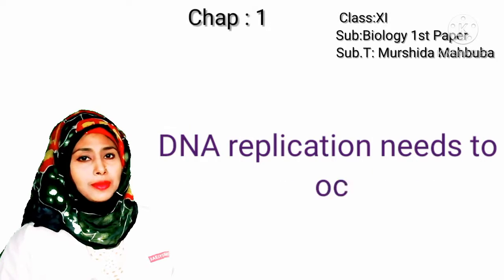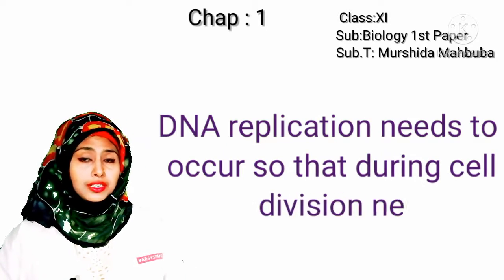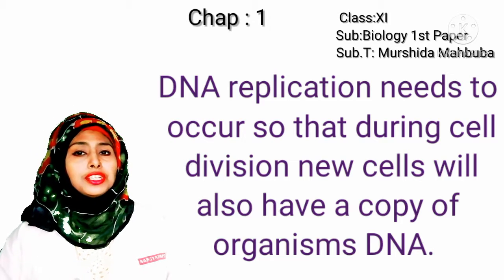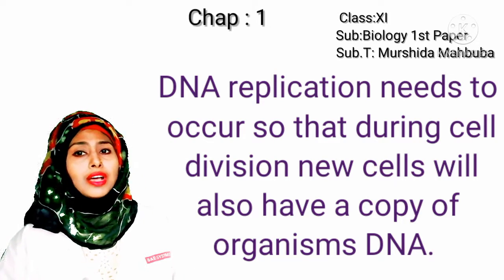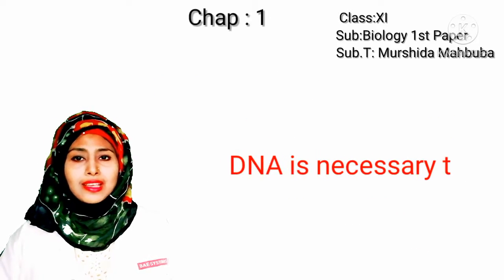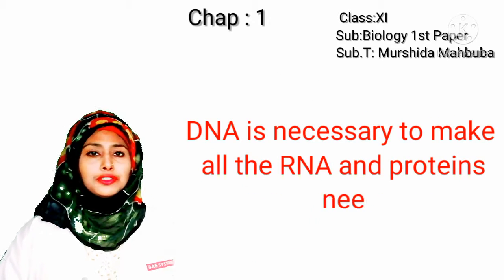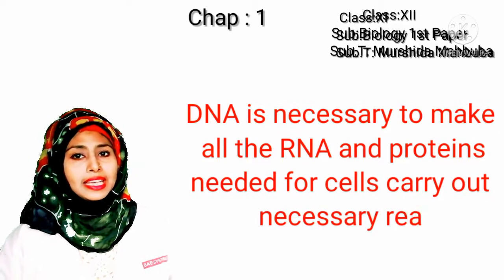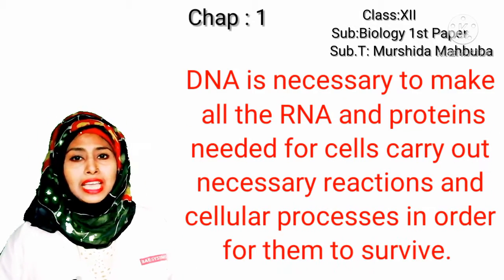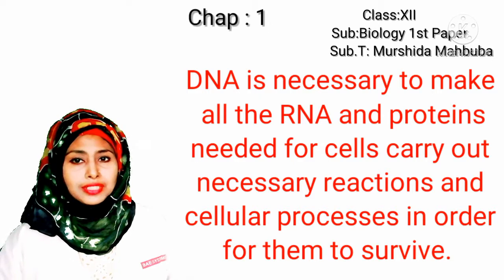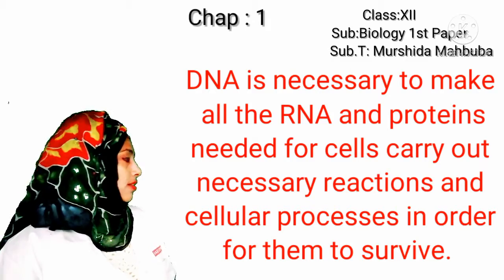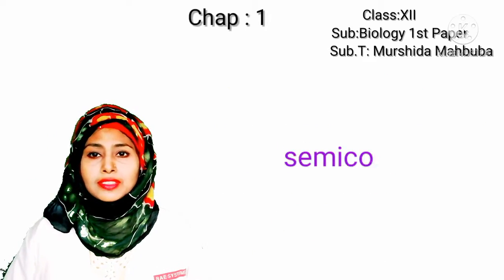Importance of DNA replication. DNA replication needs to occur so that during cell division, new cells will also have a copy of the organism's DNA. DNA is necessary to make all the RNA and proteins needed for cells to carry out necessary reactions and cellular processes in order to survive.